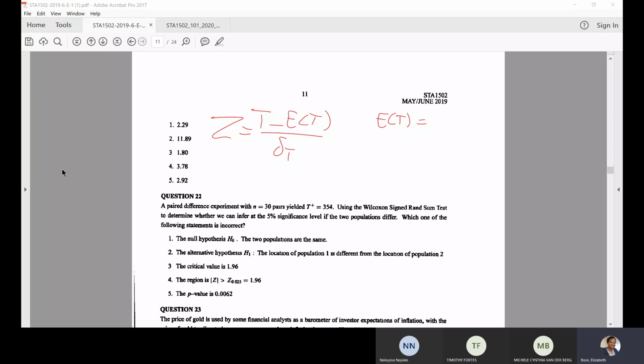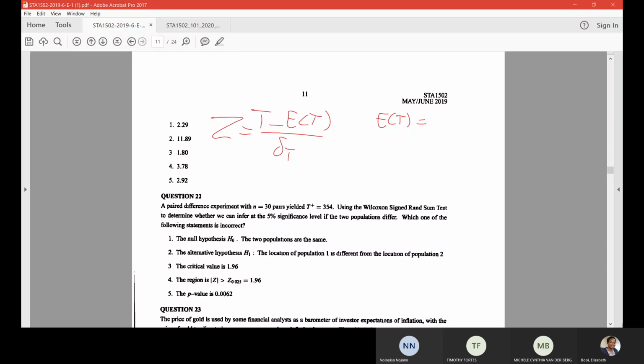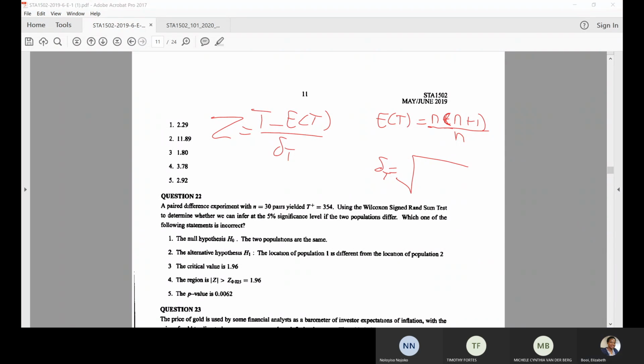Here, your expected value will be n times n plus 1 divided by 4. And your standard deviation will be given by the square root of n times n plus 1 times 2n plus 1 divided by 24.